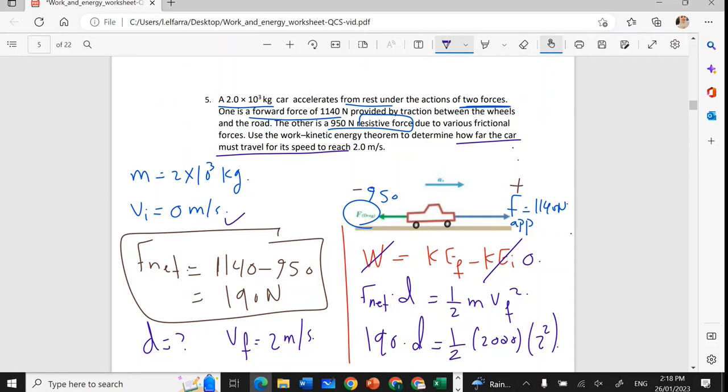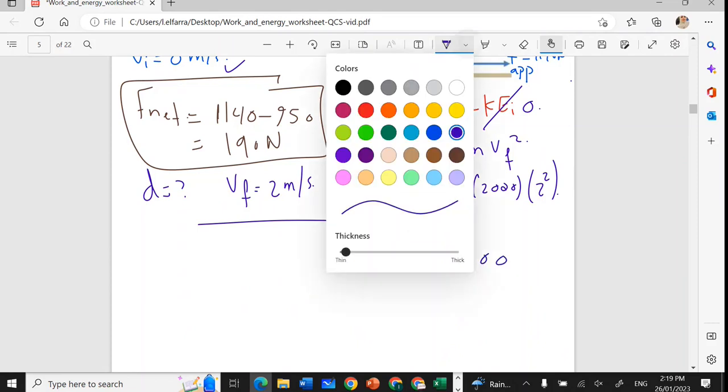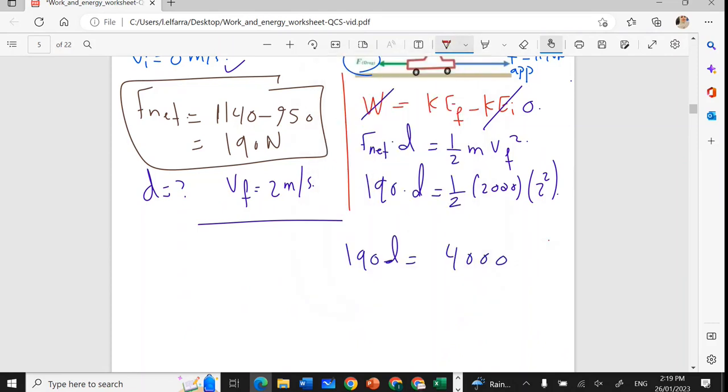Okay, now let's calculate this. 1,000 times 4 is going to give us 4,000. I need D, so we're going to divide both sides by 190. So D will give us 21 meters.